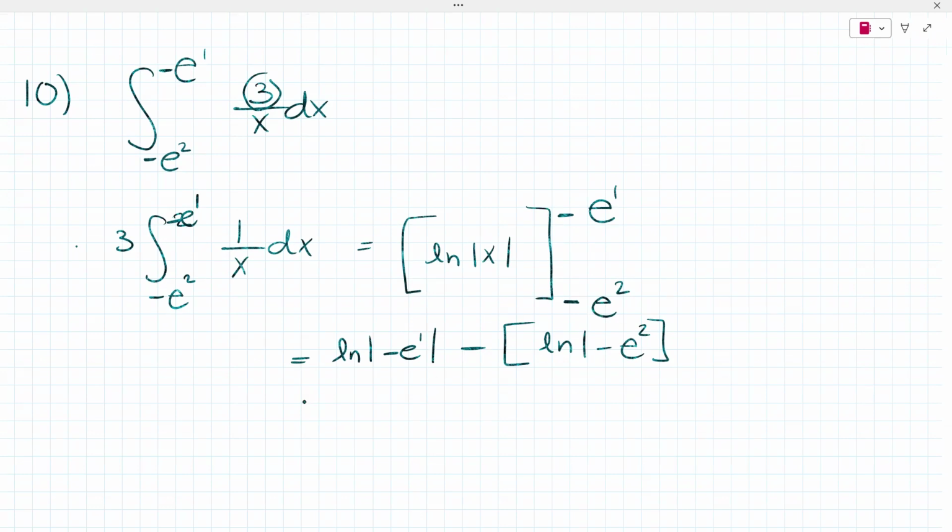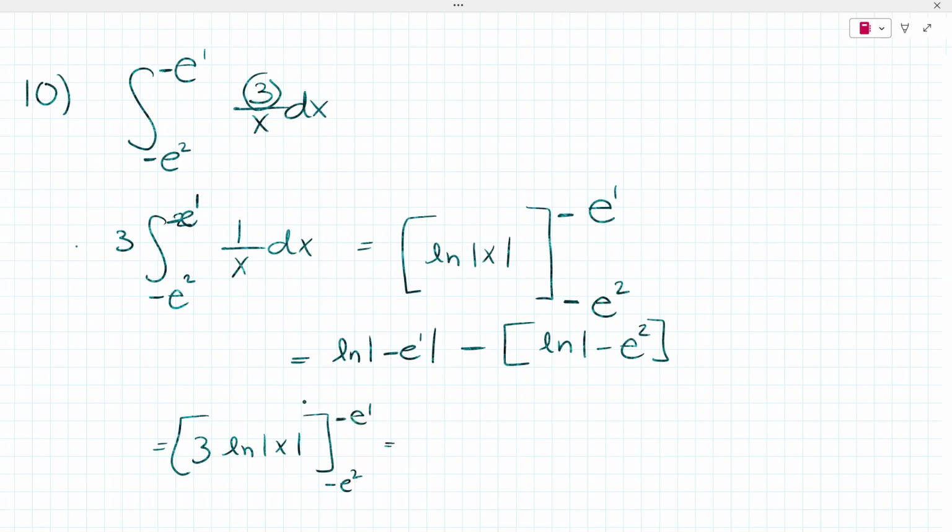Oh, and what did I mess up? Do you see the mistake? I didn't bring down this 3, so it's going to be 3 ln of absolute value of x from the boundaries negative e squared to negative e to the 1, right?